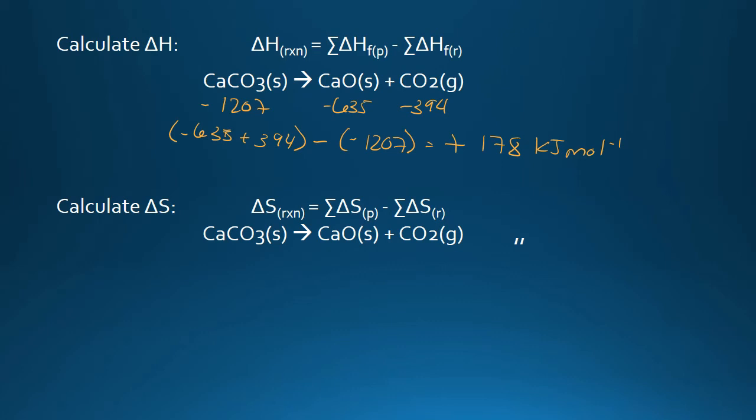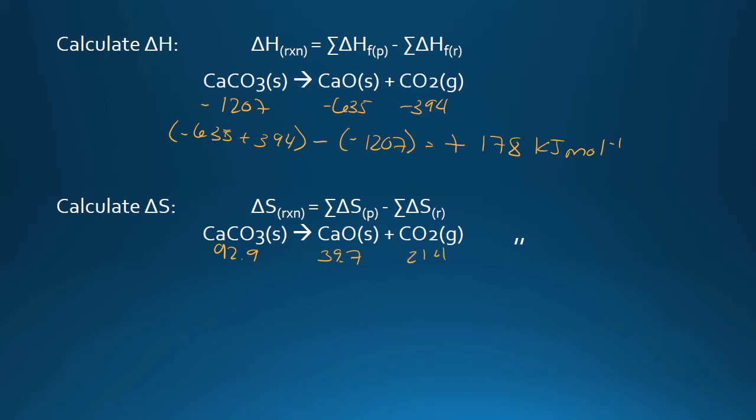All right. So then we need to figure out delta S. So delta S, as we know, is products minus reactants. Go to table 12 and you will figure out the values. So we know calcium carbonate is 92.9. Calcium oxide is 39.7, and carbon dioxide is 214.